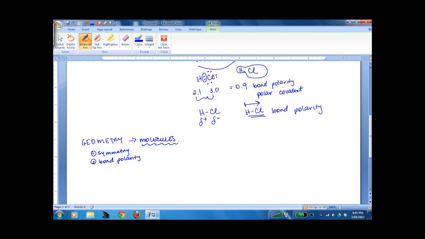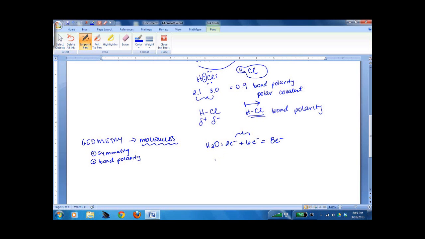So let's do one of my favorites, a classic example, H2O. We must start with a Lewis dot structure. Each hydrogen has 1 electron and oxygen has 6 valence electrons, which we get from the periodic table, for a total of 8 electrons.